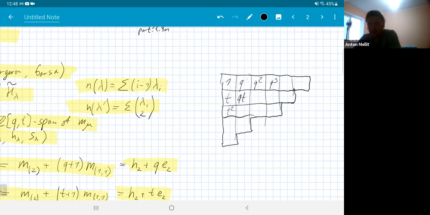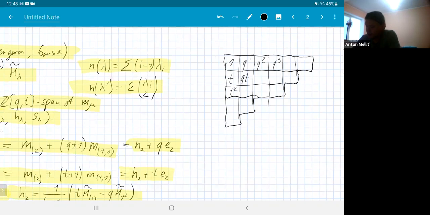You understand the idea, right? Just q to the i, t to the j. And then it turns out that this factor, q to the n of lambda prime, t to the n of lambda, is just the product of all cells of these things.